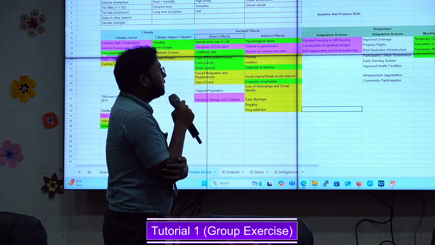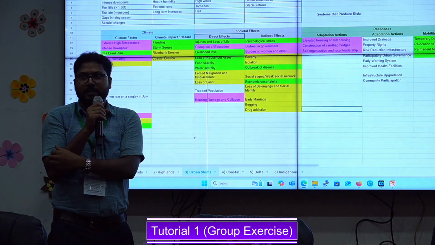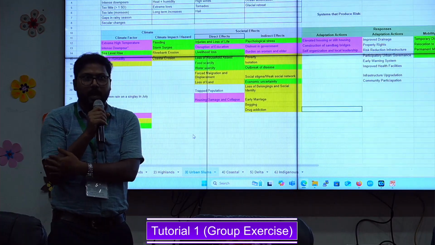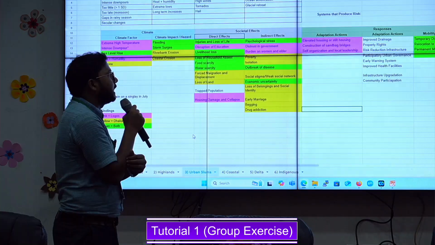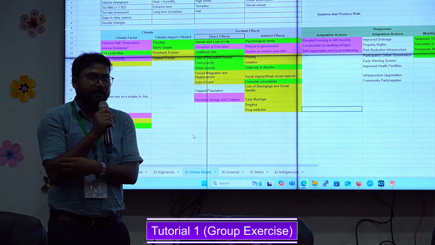And within adaptation action, the second paper does not portray any significant adaptation measure, but in our paper on Lagos, we have observed that elevated housing or stilt housing is a flood adaptation measure there.